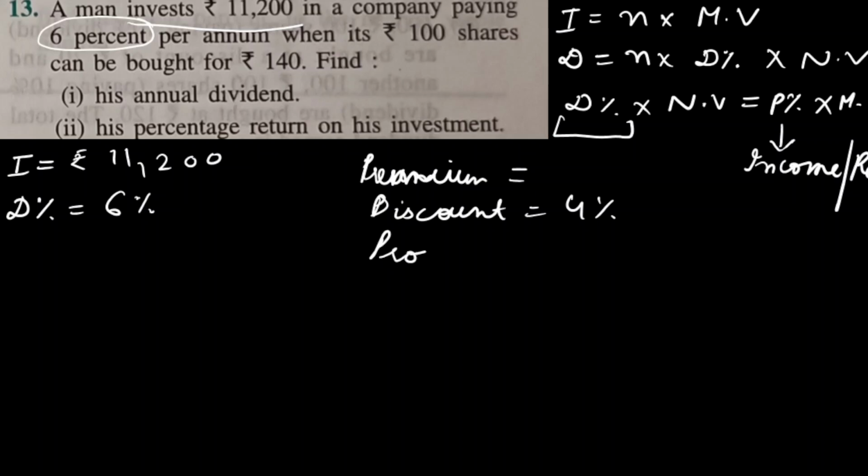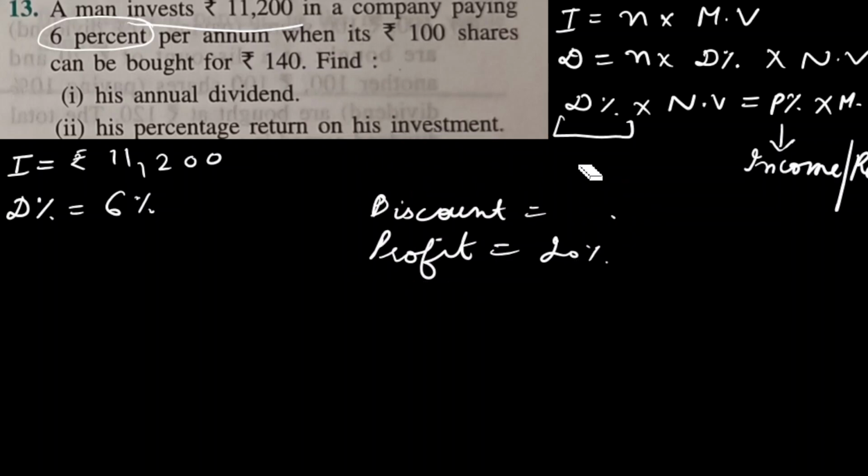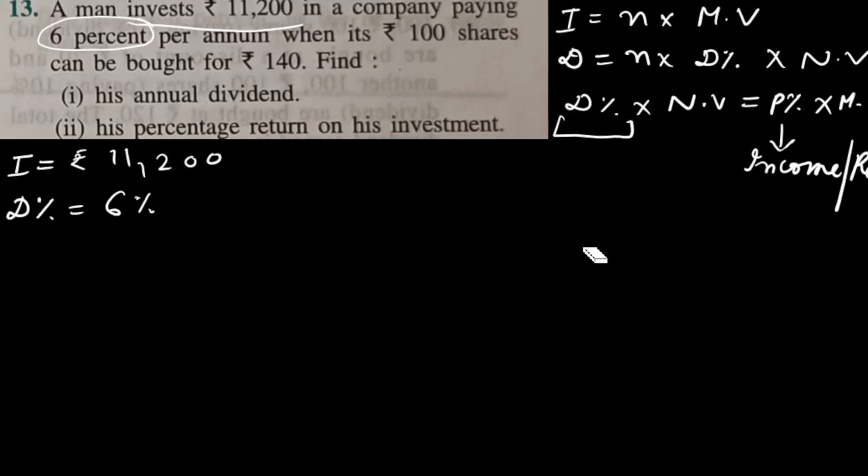If profit is given, it will be mentioned profit 20%. So if these three things are given, it will be clearly mentioned. But if nothing is mentioned, you have to understand that this is dividend. Like here, nothing is mentioned, so company paying means it's dividend.